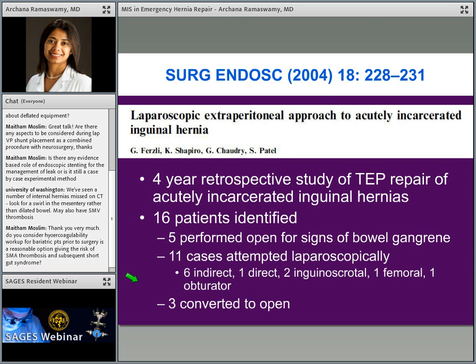So when we look at their tables, what we're looking at are these acute incarcerations with a TAP. And you can see they found various different structures that were incarcerated in here. This was looking at open repair. So the C's are the conventional, and this was the open repair with chronically incarcerated, and this was the open repair with acutely incarcerated.